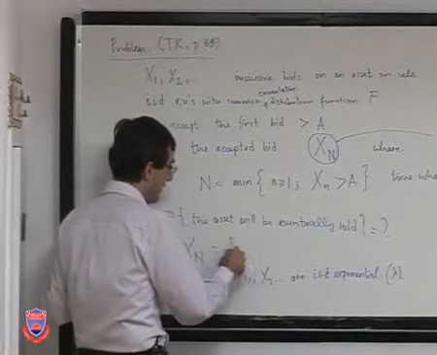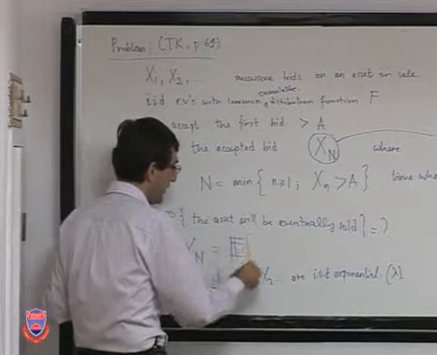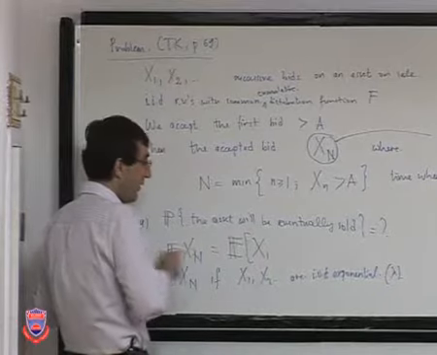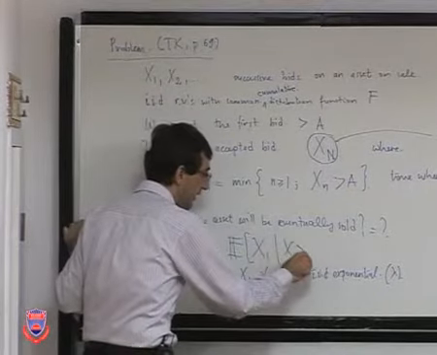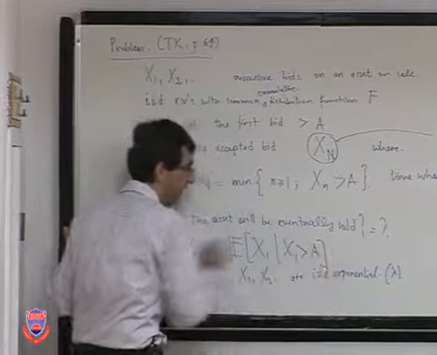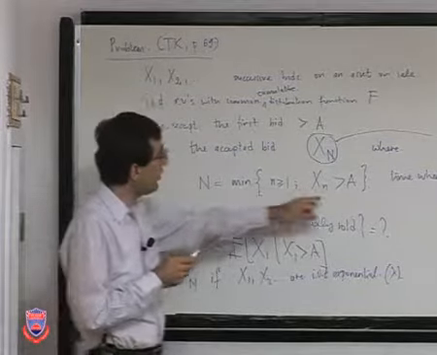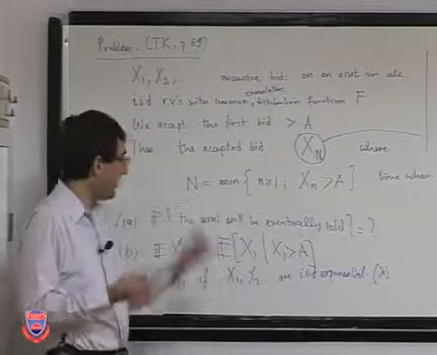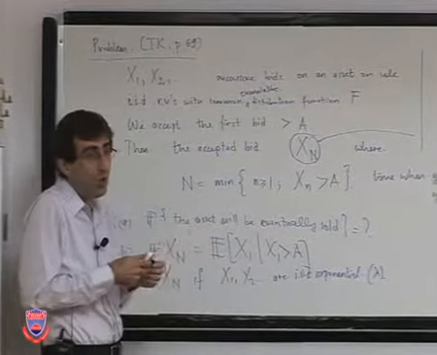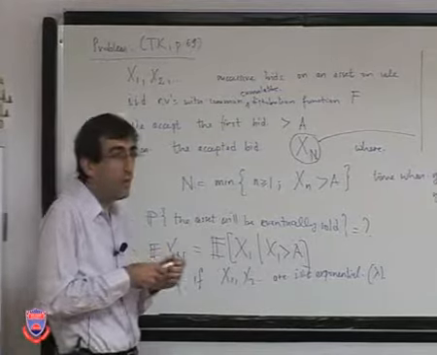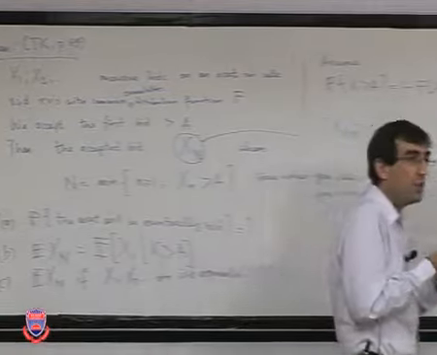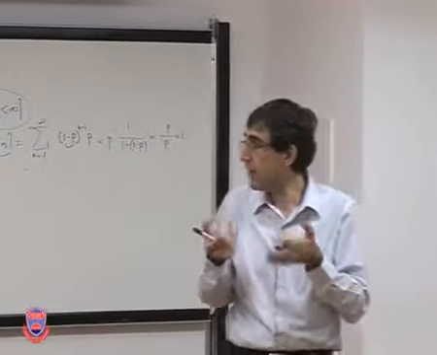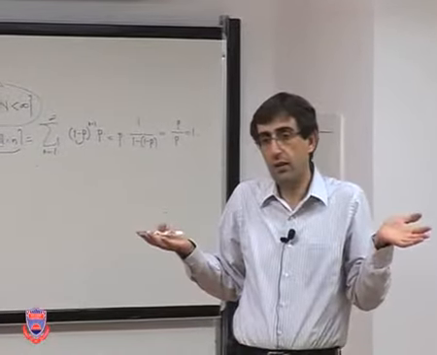We will show that this is the same as the conditional expected value of x1, given that it is greater than A. Because you know that you sell only when the bid is greater than A, but then you don't really have any further information. That's all you know. You will sell at the first time somebody offers a quantity at least as large as A, and you know nothing more than that.